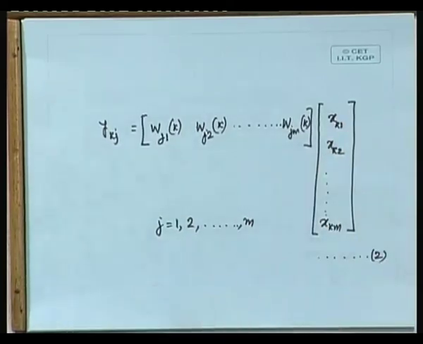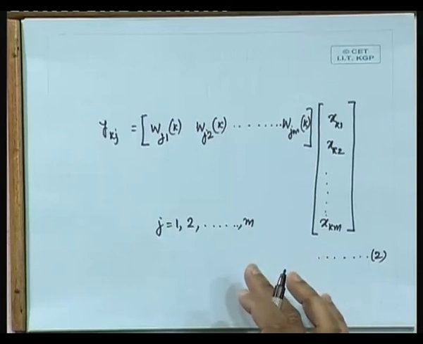So we can write m such equations, and all the left hand sides will indicate yk1, yk2, yk3, etc., up to ykm. If we take all these outputs together and represent them in the form of a vector, then what do I get?